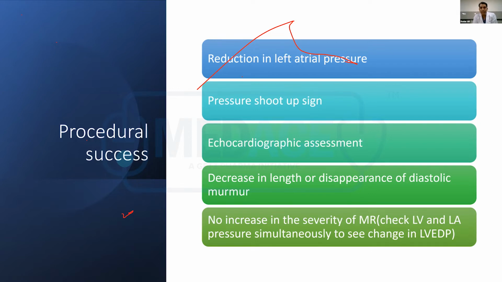On auscultation there is no systolic murmur, and on echocardiography there is no significant increase in severity of MR. And in the cath lab, if we check LV and LA pressure simultaneously to see the change in LV EDP, this is also a great sign showing whether there is any increase in the severity of MR. So these are the signs we have to keep in mind regarding the success of PTMC.